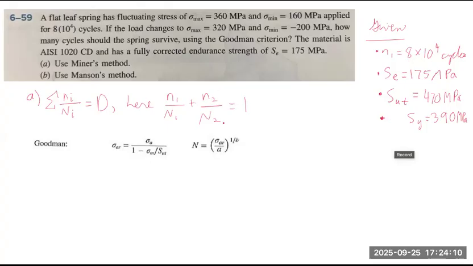So here I put both of the equations here so that it will be easier for us. We first have to find sigma a and sigma m.